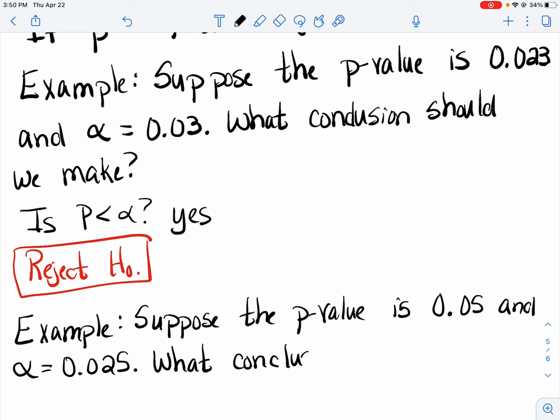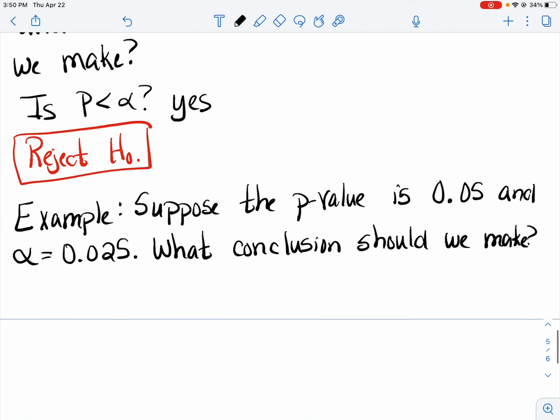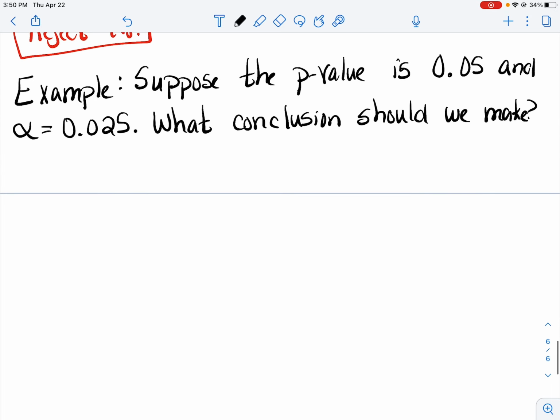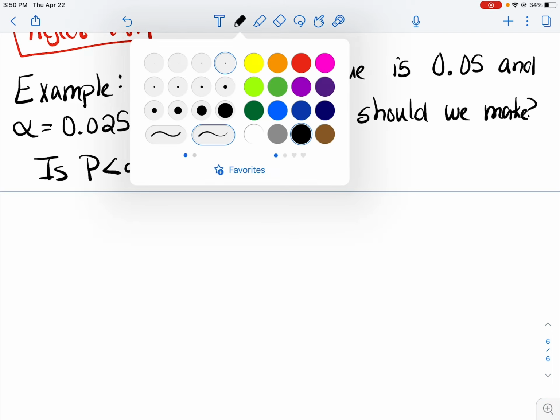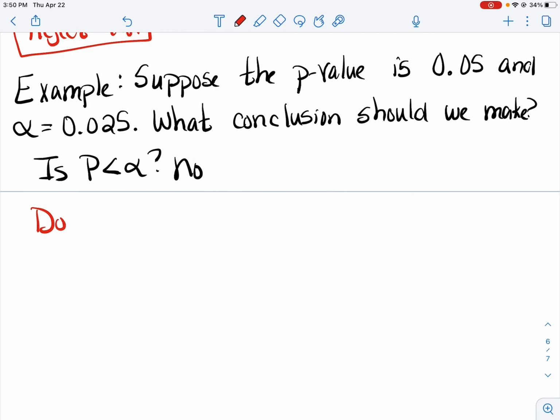What conclusion should we make? The question we ask is, is our p-value less than alpha? Our answer here is no, and so we do not reject H naught.